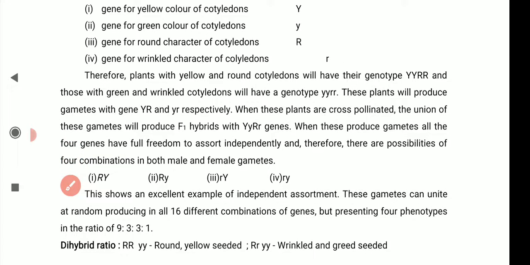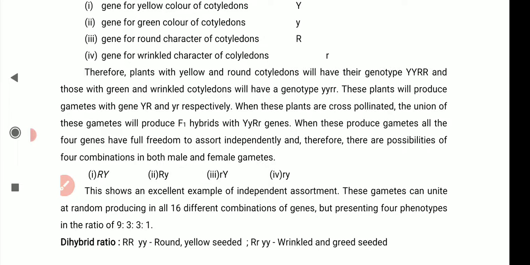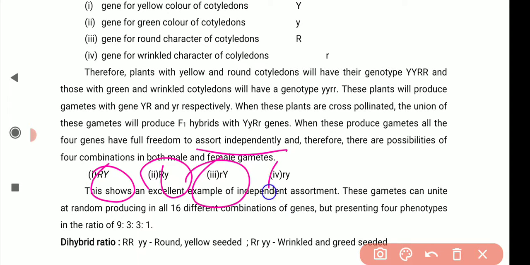So these plants will produce gametes that are heterozygous. I have shown you already. And when they are cross-pollinated, we will find they assort independently, and the possibilities of assortment are this way or that way or that way or that way.